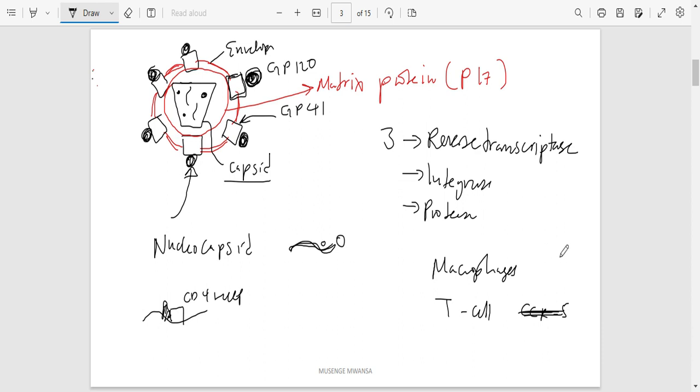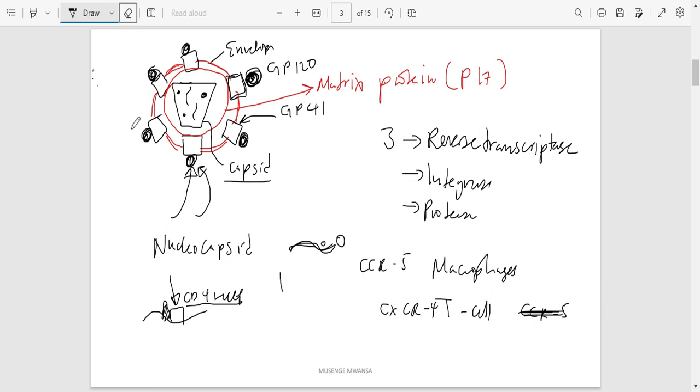So the co-receptor in the macrophages is called CCR5, and then the co-receptor in the T cells is called CXCR4. So this portion, the GP120, is going to be able to attach to the co-receptor and the CD4 receptor. So that is basically what happens in this process.